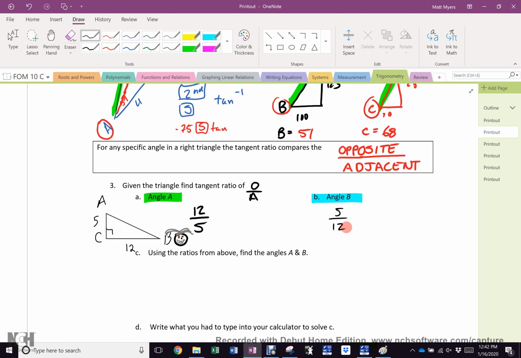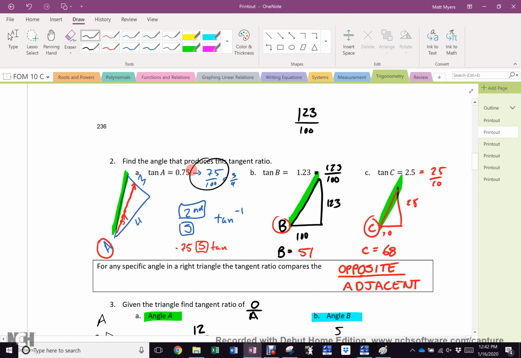Everybody good? Okay. So now we have two ratios, don't we? How will we find the value of these two angles when we have the ratios? Will we use tan or shift tan? Shift tan. Now, in the previous examples, I gave you tan as a decimal, didn't I?